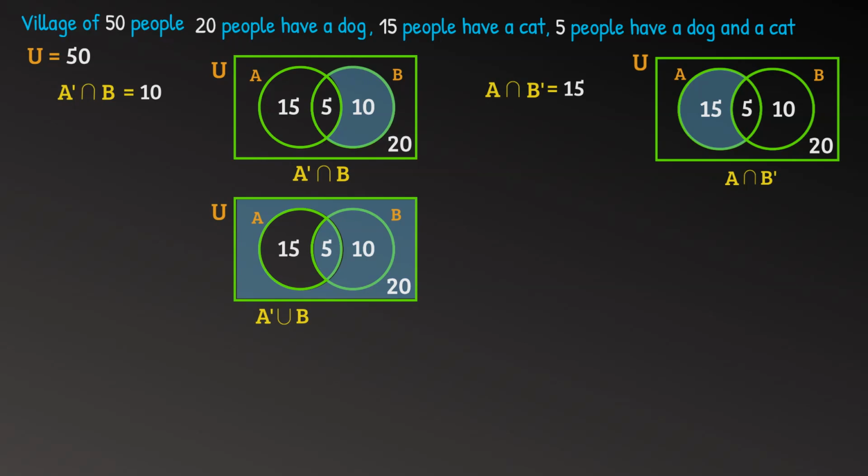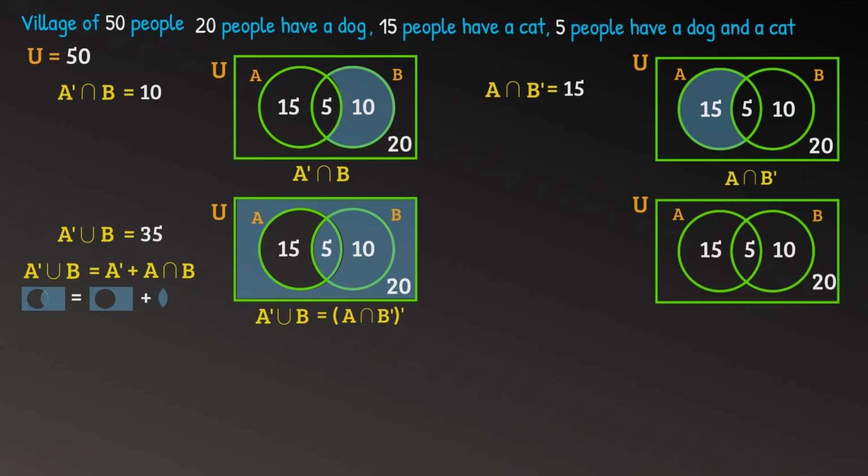So we can also write A complement union B as the complement of A intersect B complement. Now, from the diagram, you can see that A complement union B is equal to 35, but you can also see that we can write A complement union B a different way because it's equal to A complement, which is the majority of the shaded area, plus A intersect B.